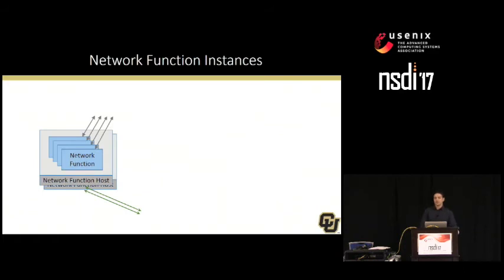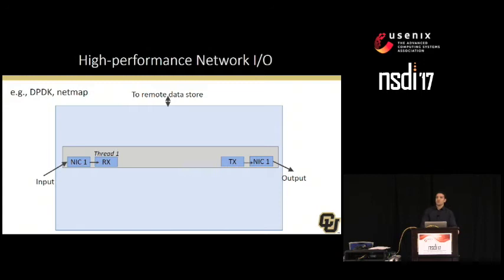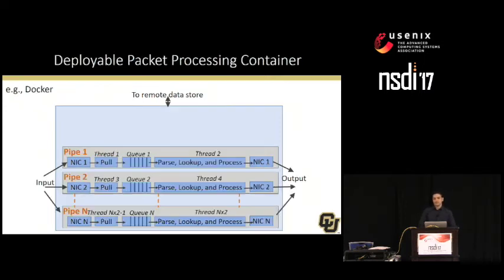Next, the network functions. This has a few aspects to highlight. First, we're capitalizing on advanced and high-performance I/O, such as DPDK and netmap, which bypass the kernel. Second, beyond the I/O, the internals of the processing are set up as a pipeline, as is traditionally done in network processing. In our case, we package these up as containers.